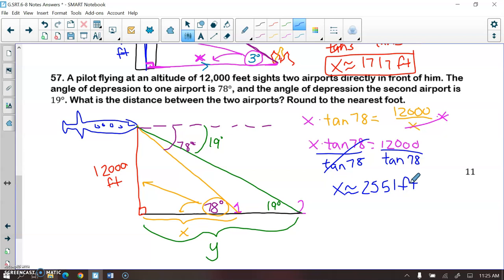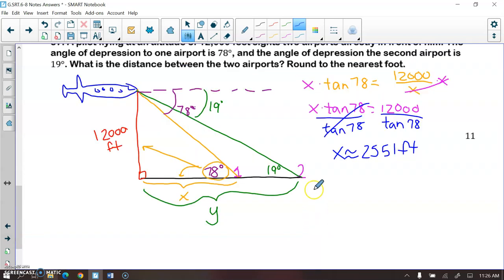Now I'm going to do the same exact thing, only with my green right triangle using the 19-degree angle. I have my opposite side. I'm trying to find my adjacent side, so that's still tangent.